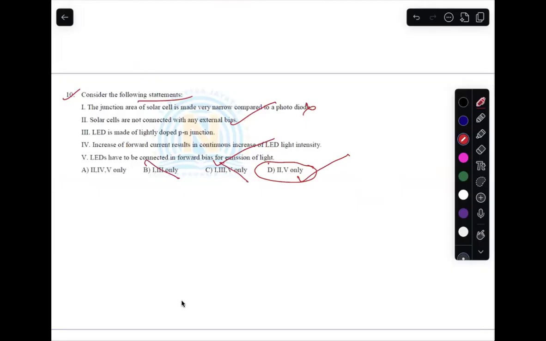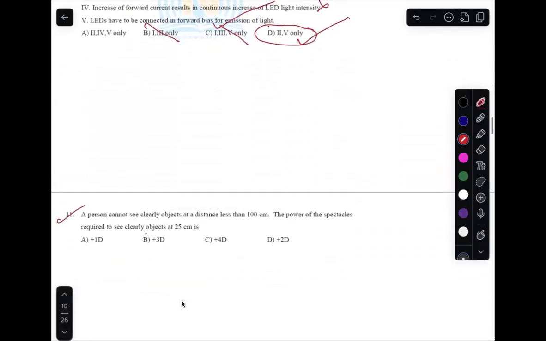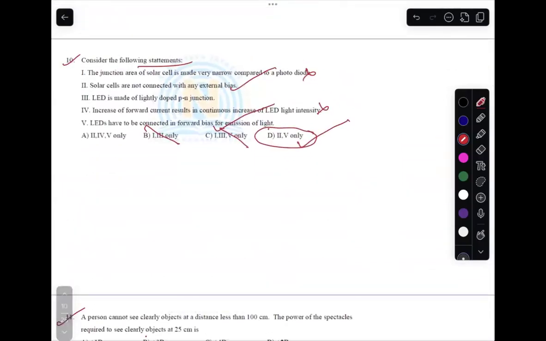So 2, 4 is also not correct. 4 is also not correct.